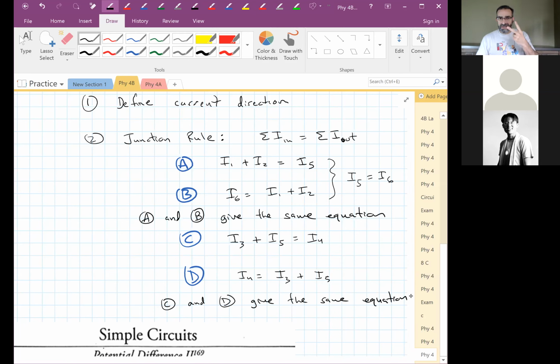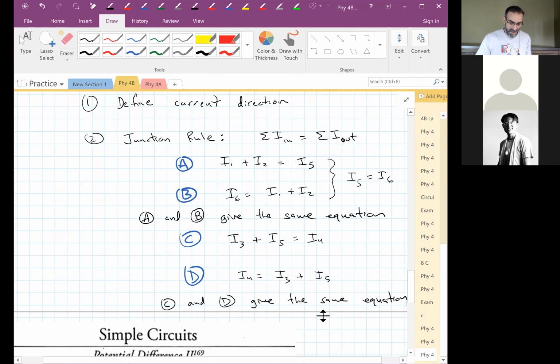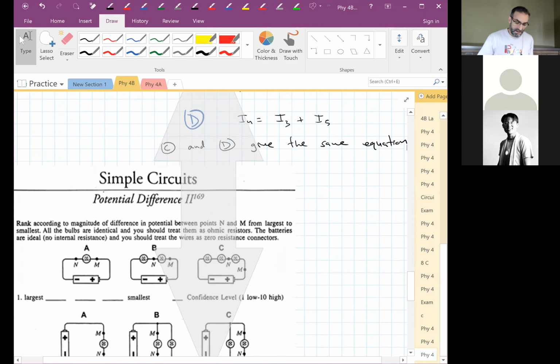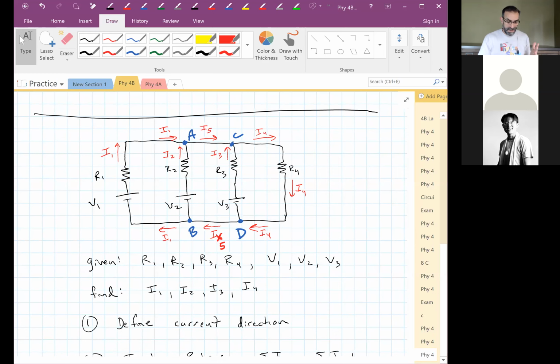So how many junctions are we getting out of this? 2. We're getting 2 junction rules out of this. Remember, how many equations do we need? 5. We need 5 equations to solve for 5 unknowns. We're looking for 5 unknowns: 1, 2, 3, 4, and I guess I5, right? I should write here I5. We want all 5 of those.